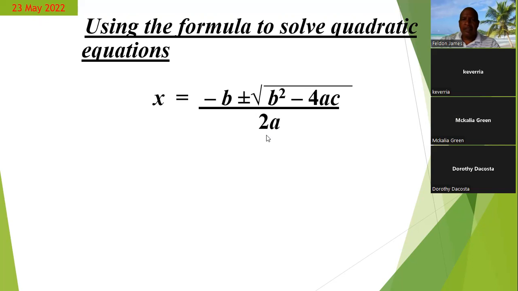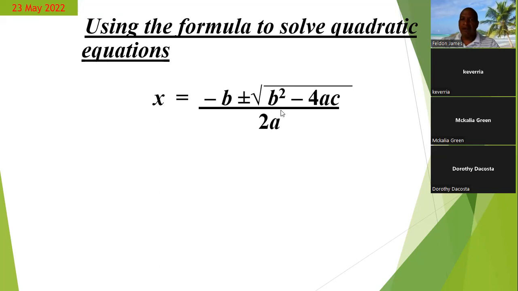We generally use the formula when your quadratic expression or quadratic equation cannot be factorized, then you have to use the formula. So what you have to do is first memorize the formula.